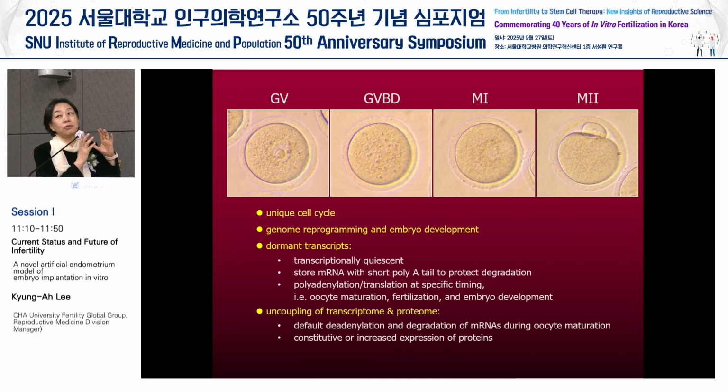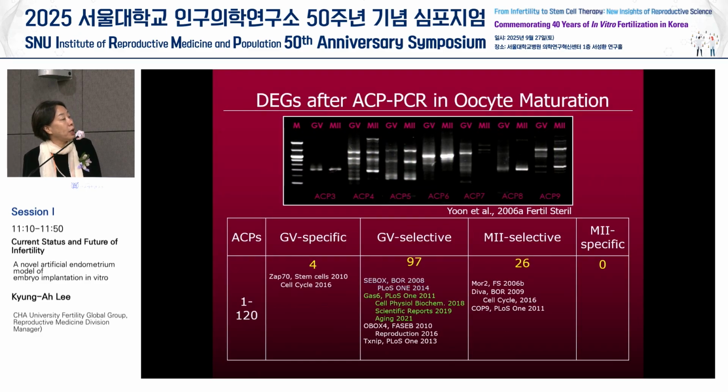So I was interested in what kind of genes are important for oocyte maturation and what kind of genes are important for fertilization, things like that. So we applied the ACP-PCR technique at the time. It has 120 primers for PCR, and by using those specific PCR primers, we can get GV specific or M2 specific or selective genes.